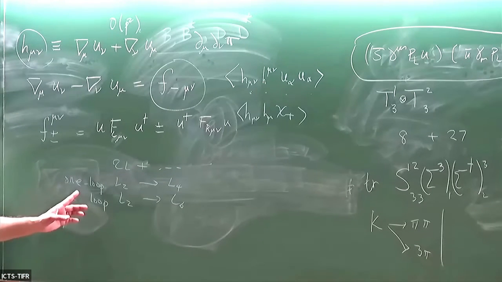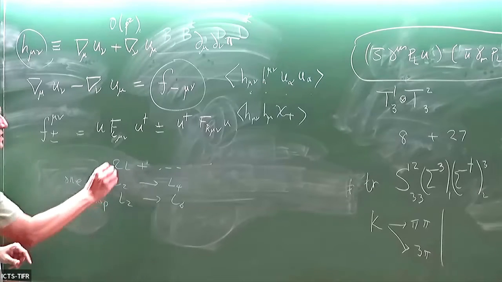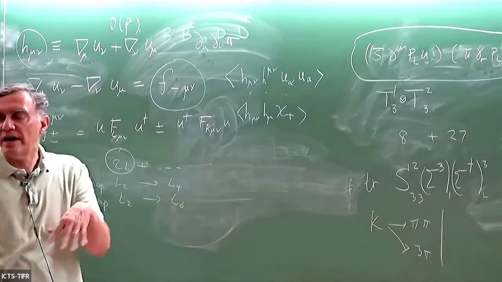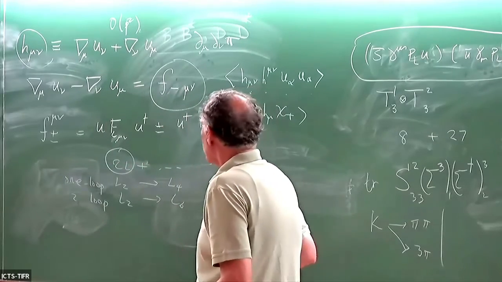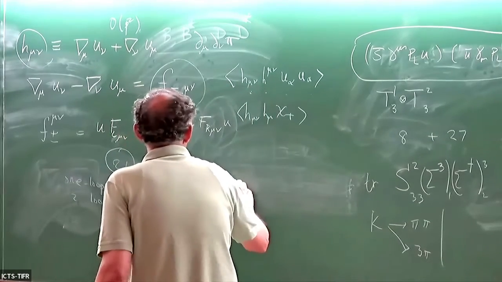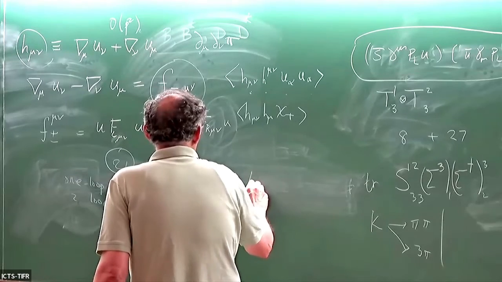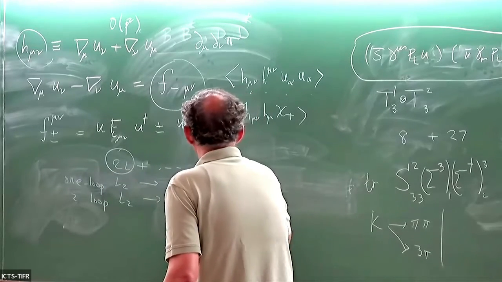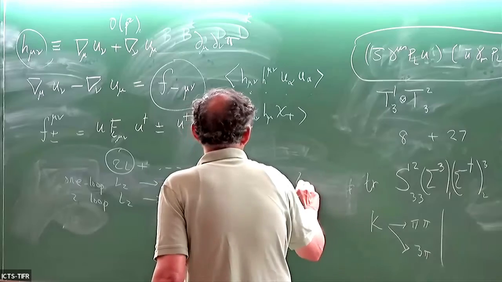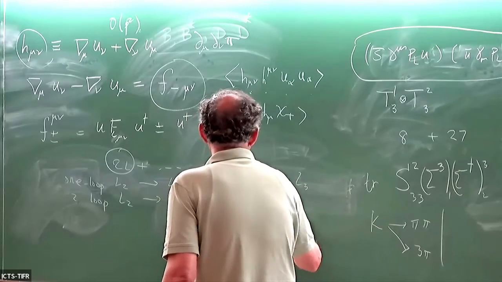Well, the power counting is similar, but it's got that extra minus 1. So you still have the 2L from the pion. So every pion loop is moving you by 2. So we start with L1 because the leading Lagrangian is L1, and one loop would get you to L3, and two loops would get you to L5.